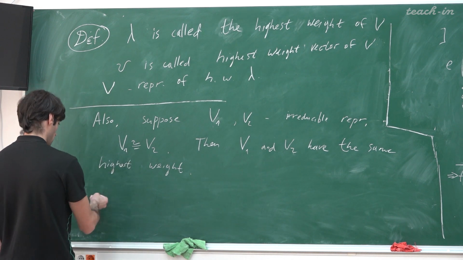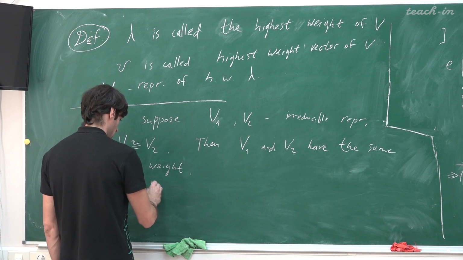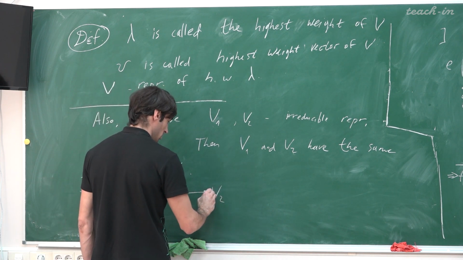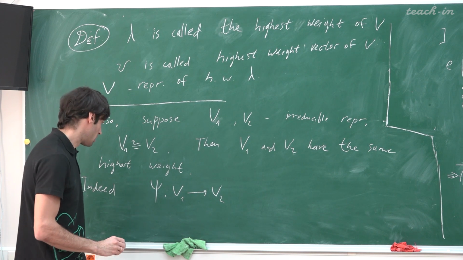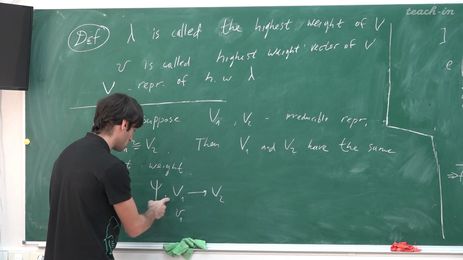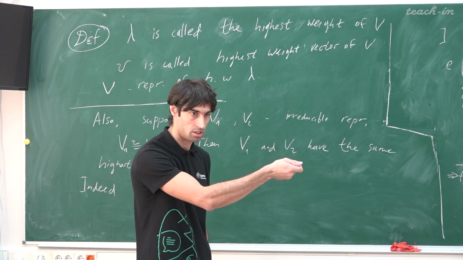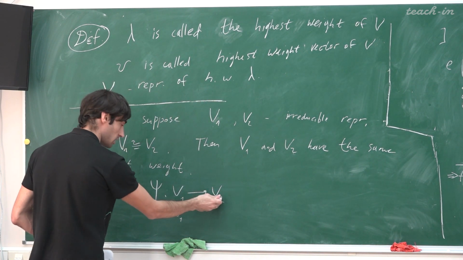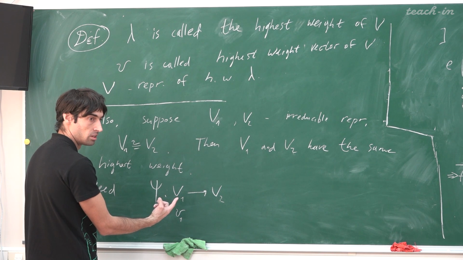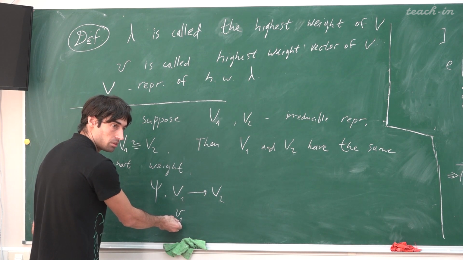Indeed, if you have an isomorphism from V1 to V2, this isomorphism should map singular vectors to singular vectors, at least. So if it's killed by E here, it should be killed by E here. And there's only one singular vector. Since it's an isomorphism, it cannot be mapped to 0.